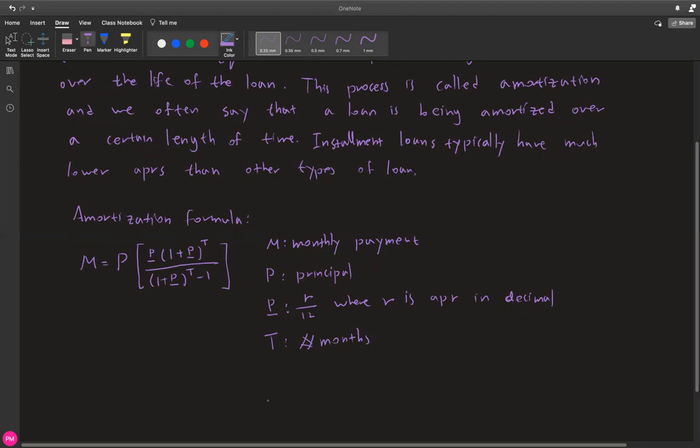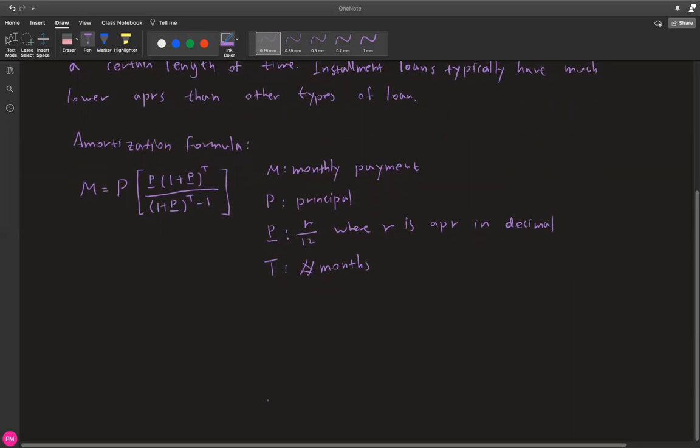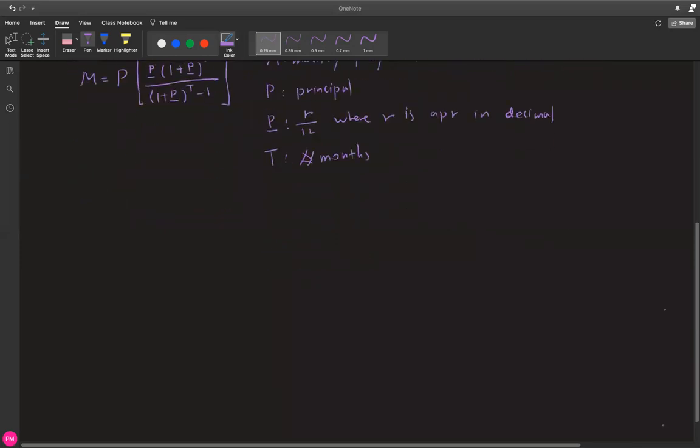So let's put that into a real life example.